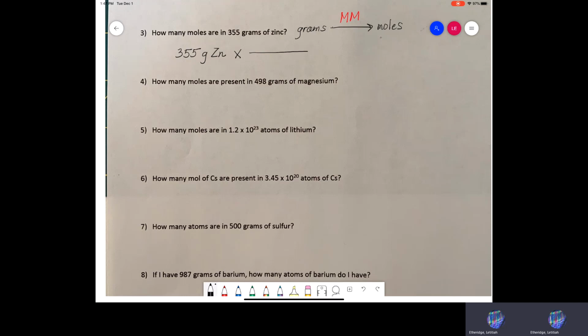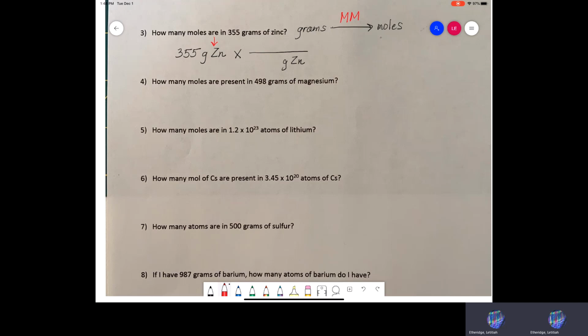Okay, so now what you want to do is you want to take a look and see where you need to place your units to make them disappear, to make grams disappear. So, like before, you have grams of zinc in the denominator, which means that for it to cancel, you need grams of zinc in the denominator.